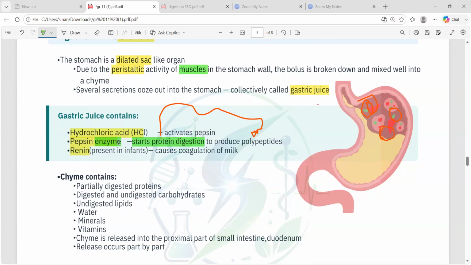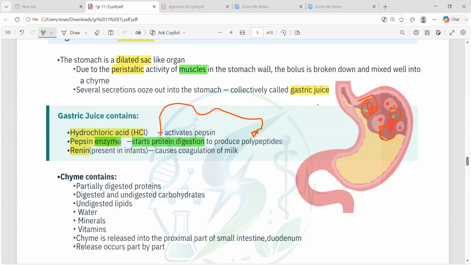And we have the renin, right? Renin is the one which is involved in coagulation of milk. Like in small children, the feces are semi-solid, right? Not a liquid, not a solid. Semi-solid means something in between solid and liquid.